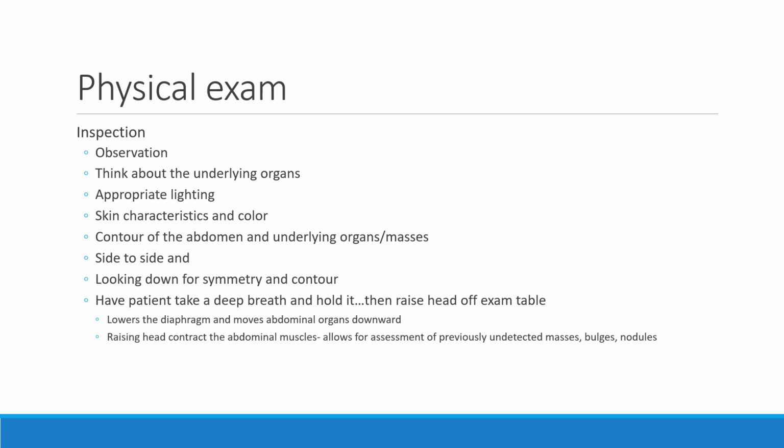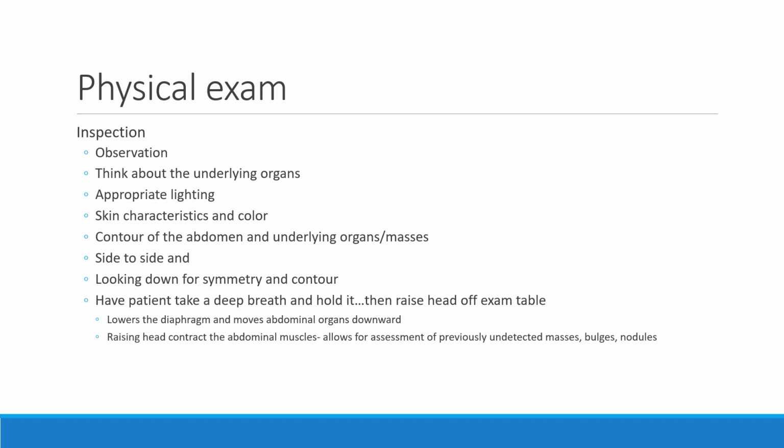The first thing we are going to do is inspect, and this is strictly observation. So we're going to think about the underlying organs. We already talked about the importance of appropriate lighting so we can evaluate skin characteristics and color. Are there any scars indicating previous abdominal surgeries, bruises, discoloration, lesions? Where is the umbilicus?